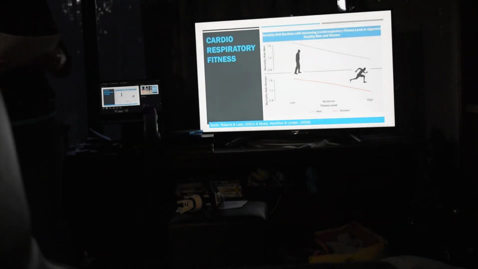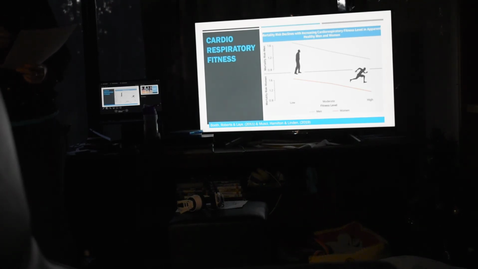Now we're talking about cardiorespiratory fitness, which I was talking a little bit about before, and aerobic training. So low cardiorespiratory fitness leads to more instances of premature death than all other established risk factors combined, such as hypertension, smoking, and diabetes.